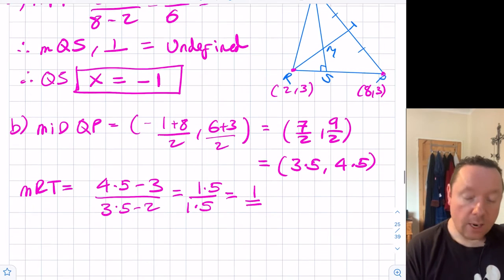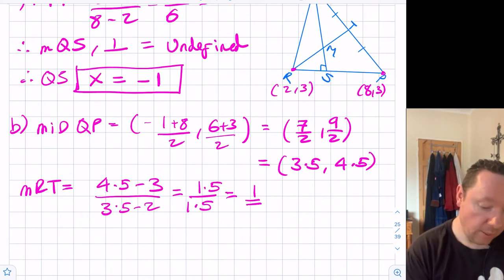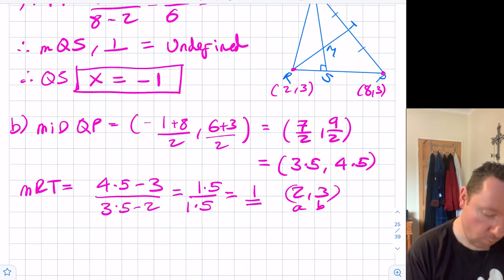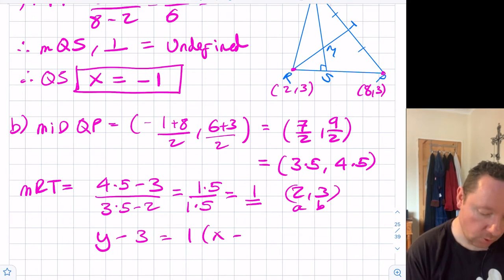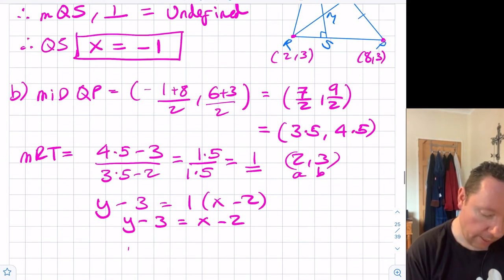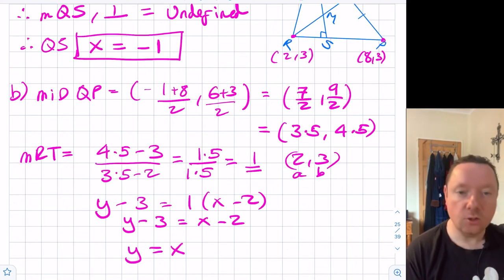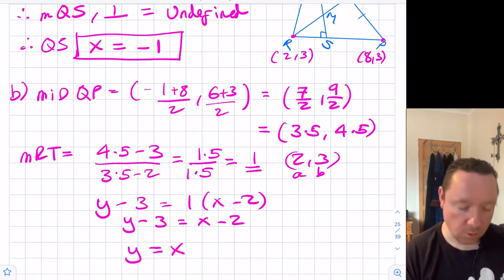So now we can use y minus b equals m(x minus a), and we might as well just use the whole number point, 2 and 3. So using the point (2, 3) as our a and b, y minus 3 equals 1 times (x minus 2). So y minus 3 equals x minus 2, or y equals x minus 2 plus 3, which is x plus 1.